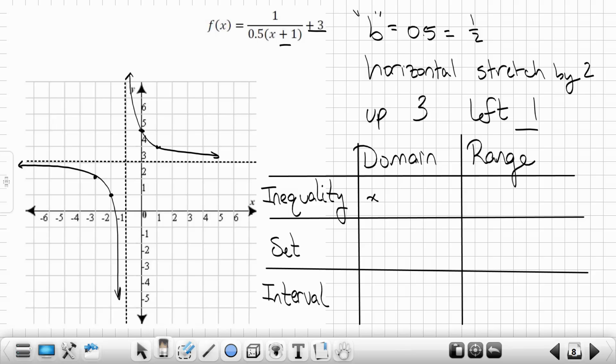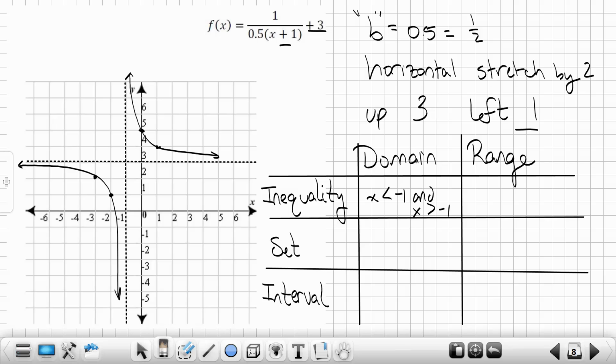We can do that for set notation, but we're not going to do it for inequality. So X is greater than negative 1. Because I can't be negative 1. I look at my vertical asymptote for my domain.